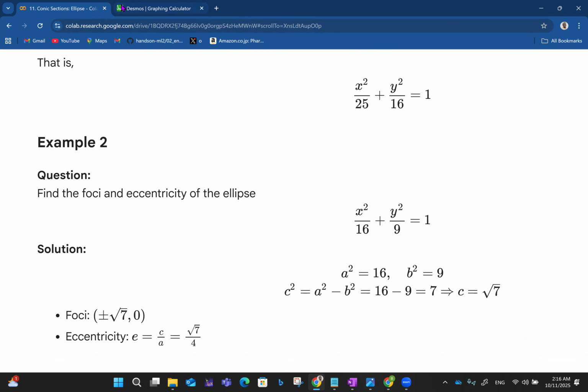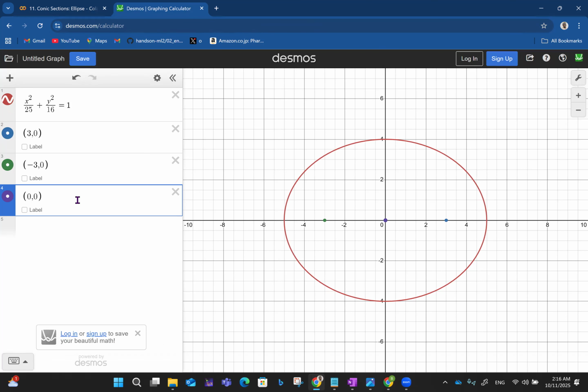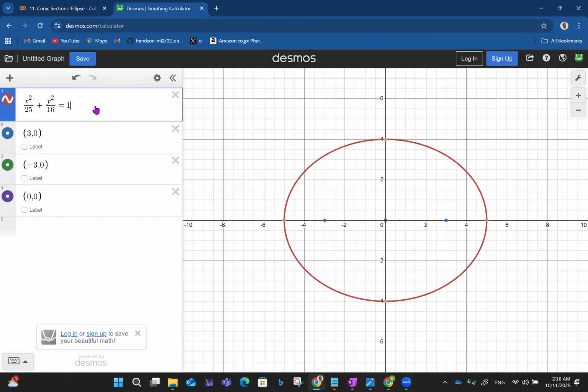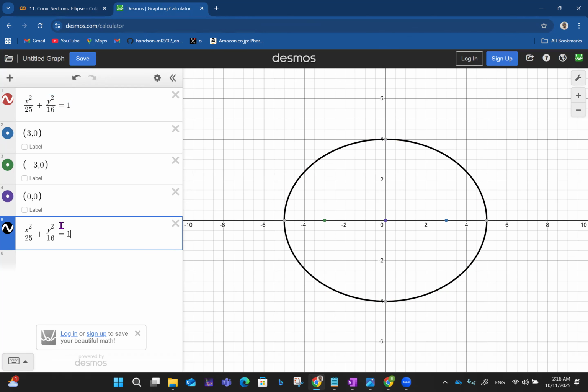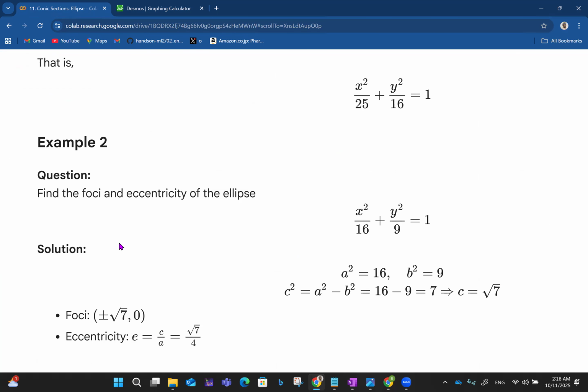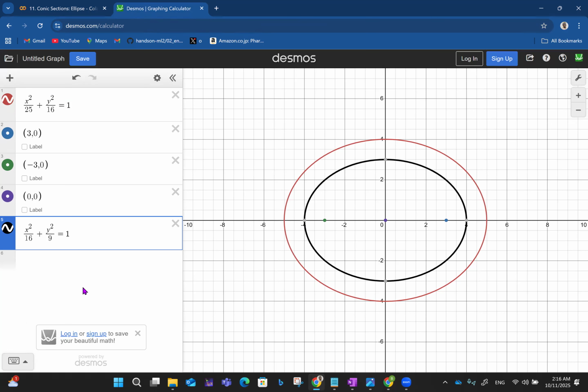To represent this now, maybe I should just do it on top of this. So 16 and 9. Let me just copy this. This is 16, and down here we have 9. So that's that ellipse. And we know that the foci are plus or minus root 7, comma 0.